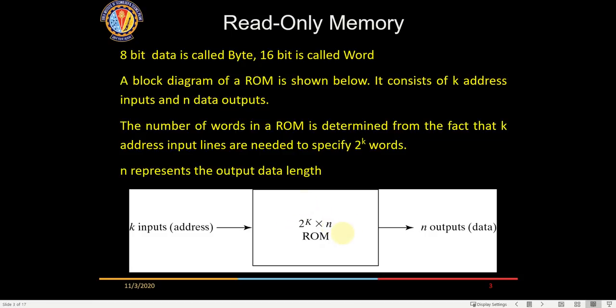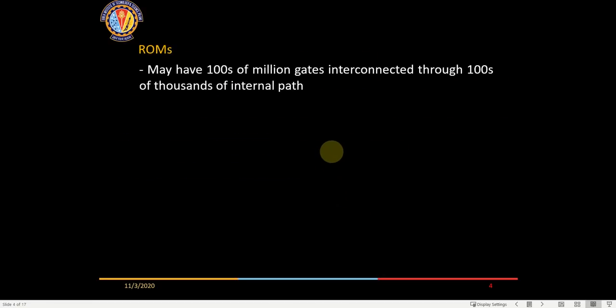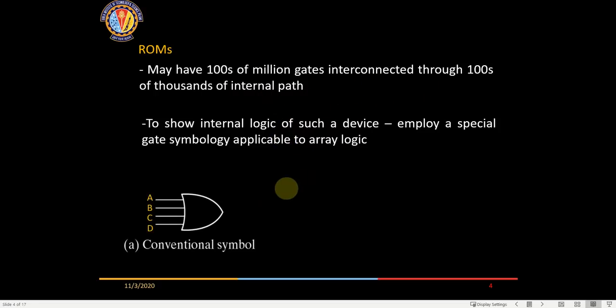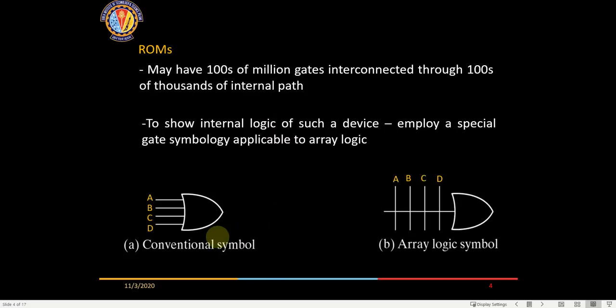So let's see how the ROM functions. Before we see the architecture of the ROM, there are millions of gates connected and so many internal parts. Just to simplify the representation, if this is the AND gate, a 4-input OR gate, we are going to represent it like this.